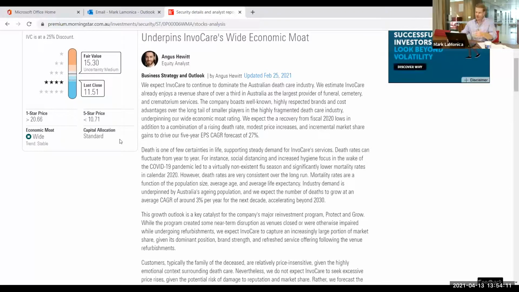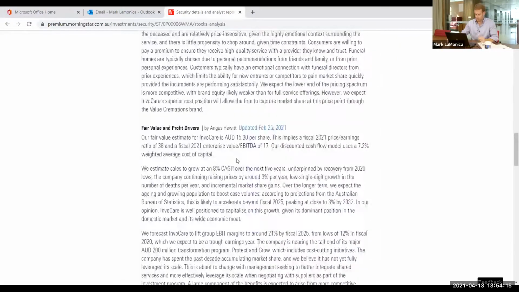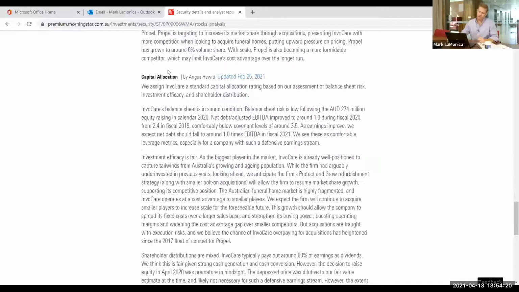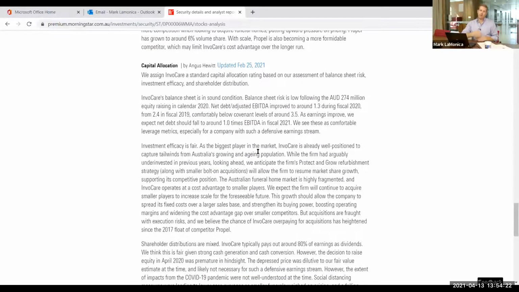So we rate every company on a capital allocation basis, and Angus, our analyst and new father, will write on it, and all our analysts do. So basically, we have standard, poor, and exemplary as the three capital allocation ratings. And you can go through and read about why we think management is either a good steward of your capital or a poor steward. So look at that. Every once in a while, I can answer a question.